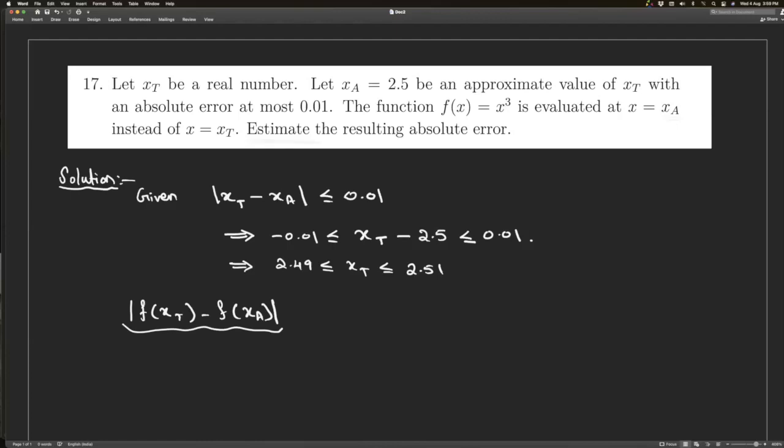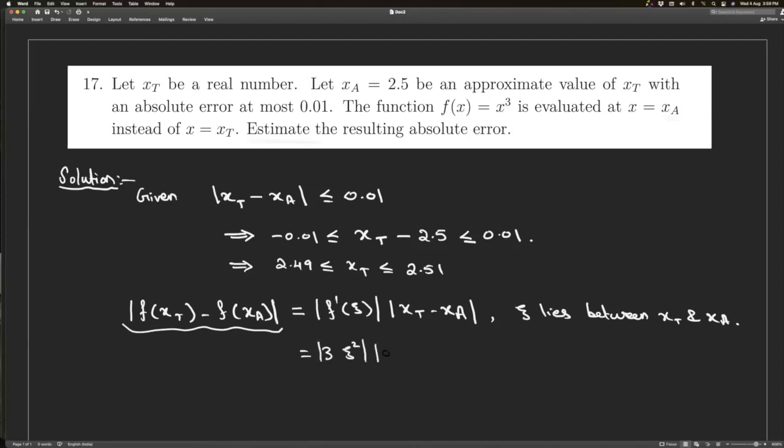The mean value theorem says that this can be written as f dash of xi, where xi is some unknown number between xt and xa, times (xt - xa). So this is what we can get from the mean value theorem, where xi lies between xt and xa, right? Now what is this? This is nothing but 3 times xi square, modulus, into 0.01 that is given to us here.